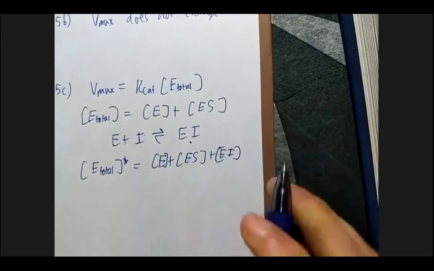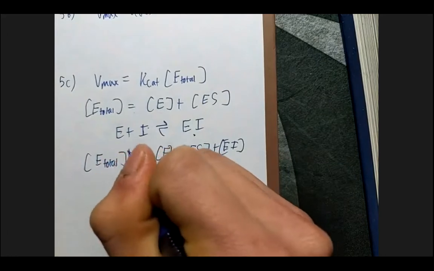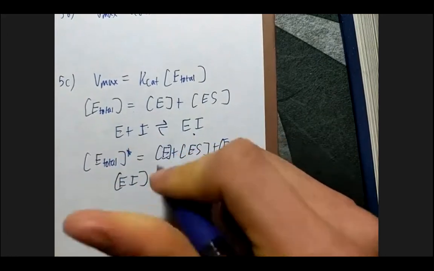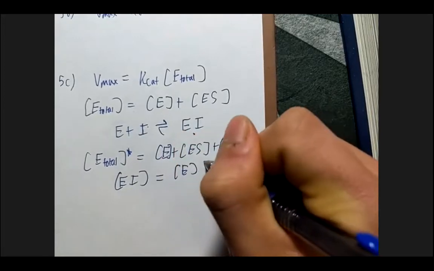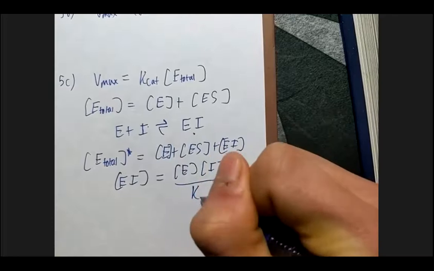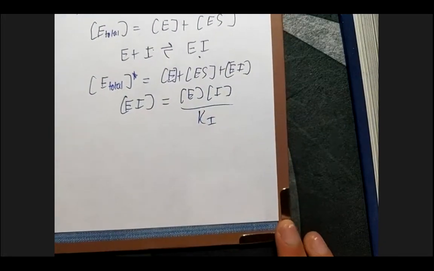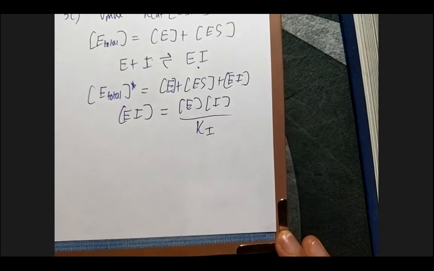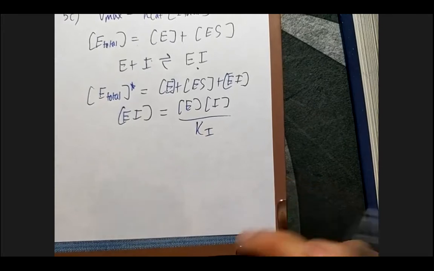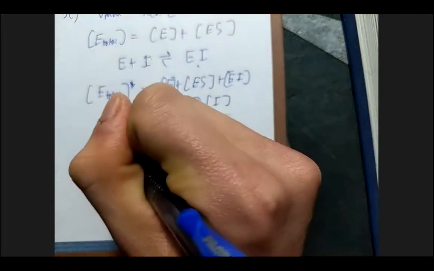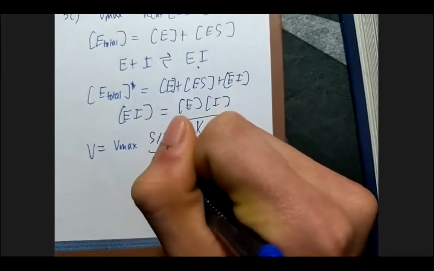And then EI can be similarly defined as ES, where EI will be equal to the concentration of E times the concentration of I over Ki. From here, you plug it back into the equation for your velocity, which is V equals Vmax S over Km plus S, using E total.